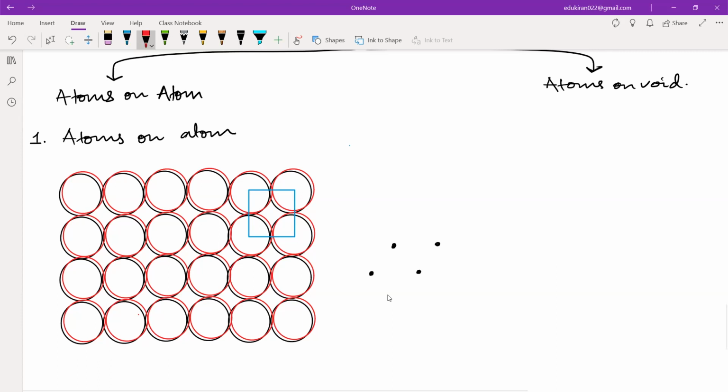And on top of each black one, I will have red atoms. So these are the midpoints of the black atoms and the midpoints of the red atoms that you can see. Then what I will do, I will join them. Okay, join the black ones.